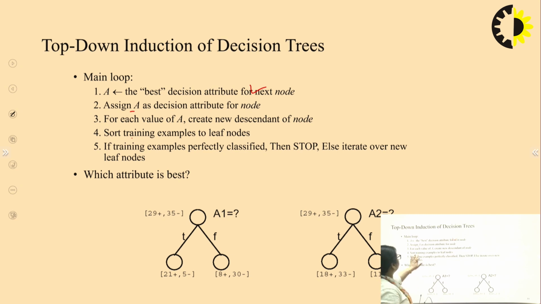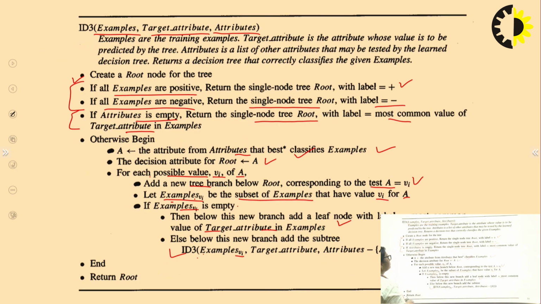Then we will sort according to that. Now the question is how the best attribute is taken. This is our main loop that we have to find out. We have to find the best attribute and then find its values.